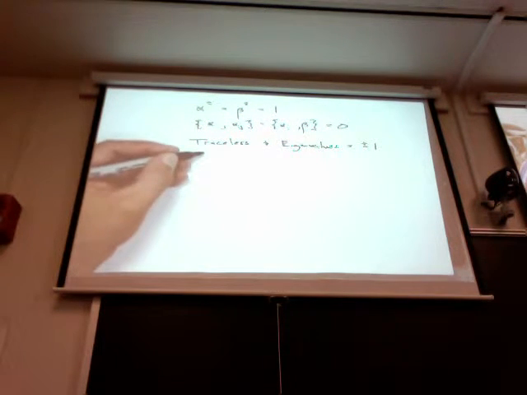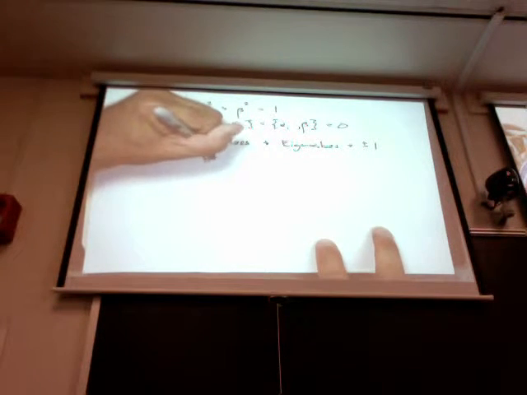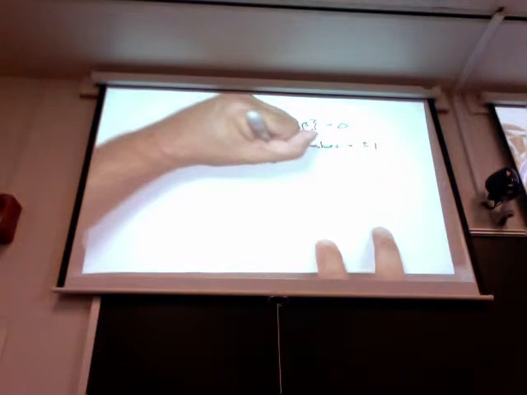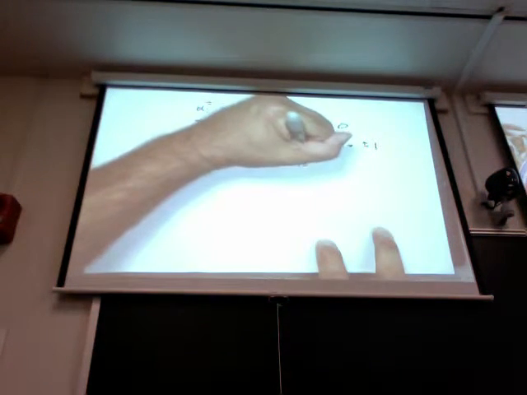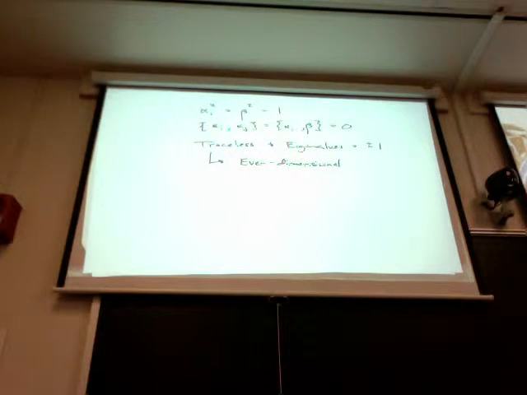For something to be traceless and have eigenvalues of plus or minus 1, these things have to be even dimensional. That's the only way that, if you have eigenvalues of plus or minus 1 along the diagonal, you're going to get a trace of 0.